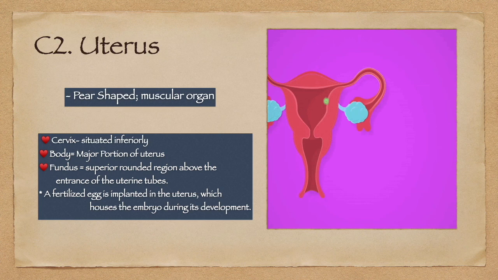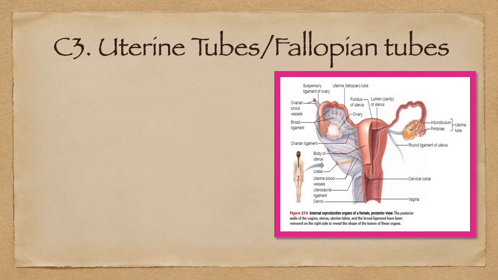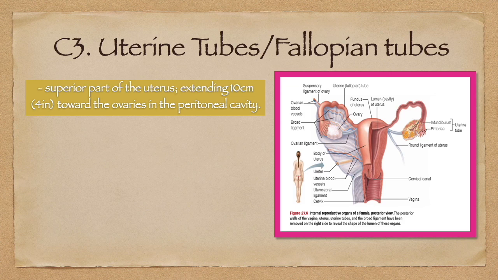Okay, so next, we have the uterine tube. It is also what we call the fallopian tube. It enters the superior part of the uterus and extends also 4 inches or 10 centimeters towards the ovaries in the peritoneal cavity.